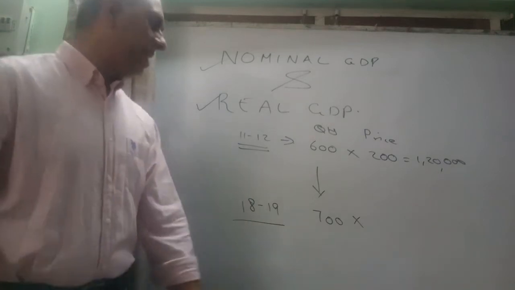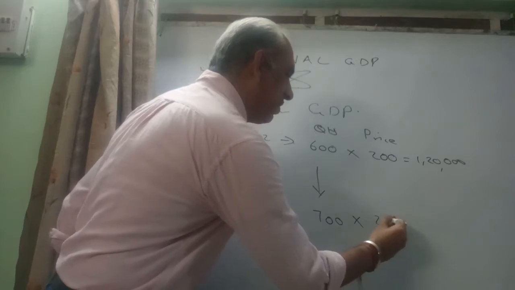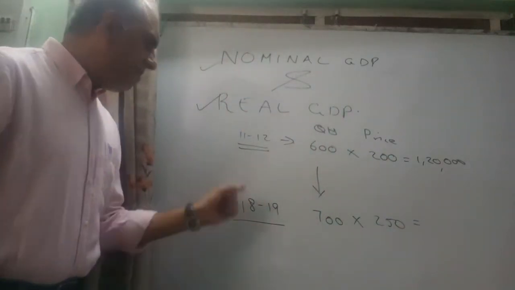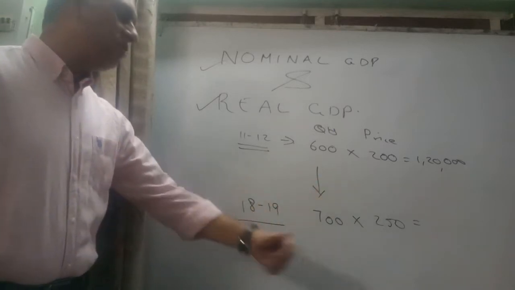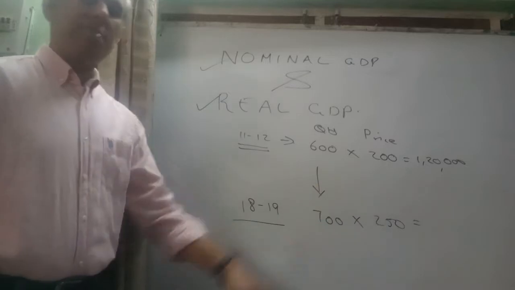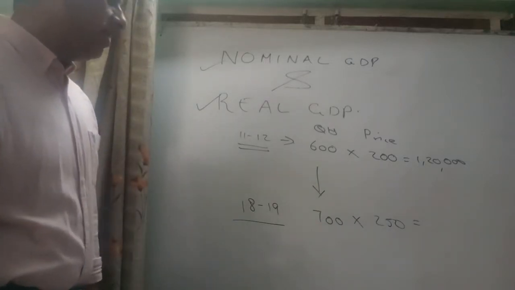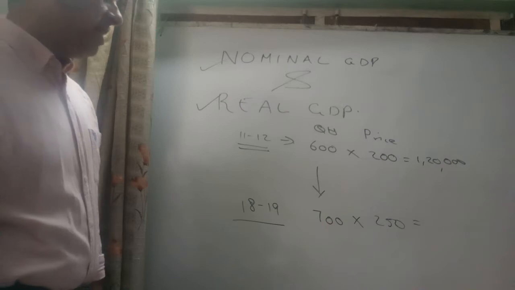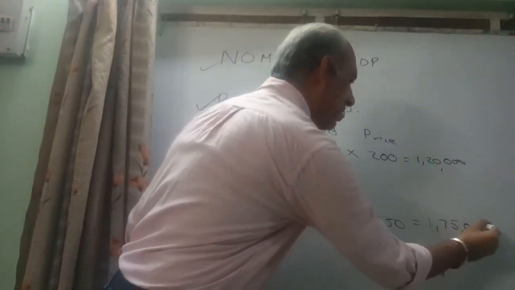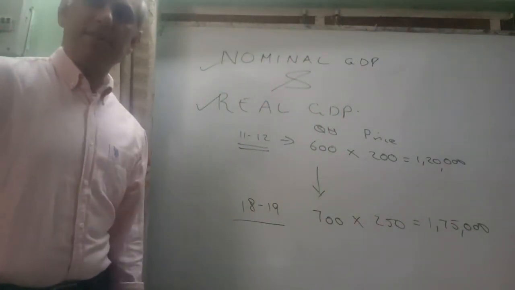We'll take an average price. Let's say, for example, the price is 250 rupees on average. Clear? So, if we multiply these two, we'll get the GDP of this year, which is valued at current prices. 700 multiplied by 250 will give you the answer somewhere in the vicinity of 1,75,000. Yes, it should be 1,75,000.